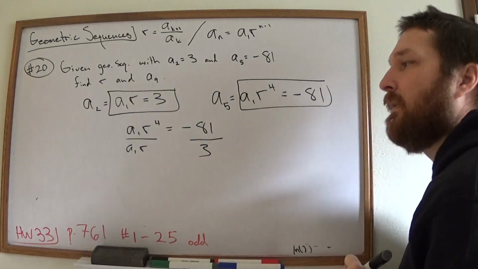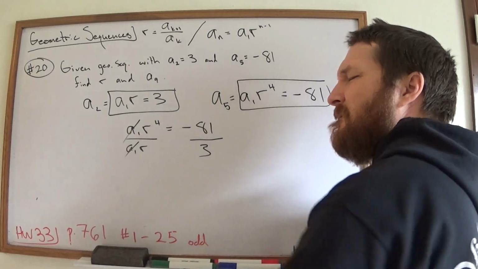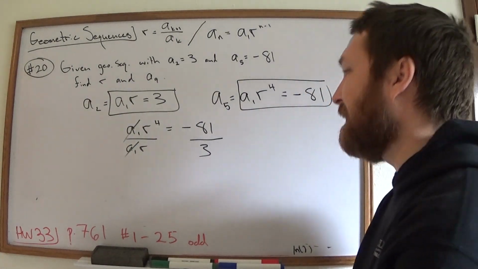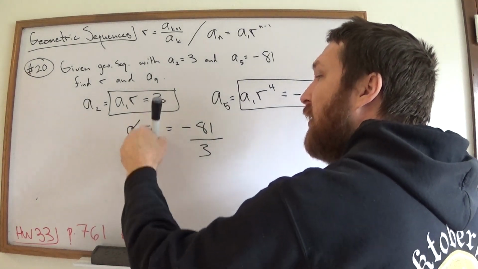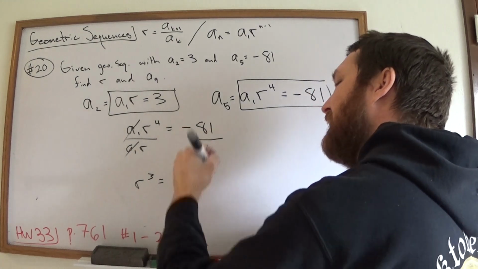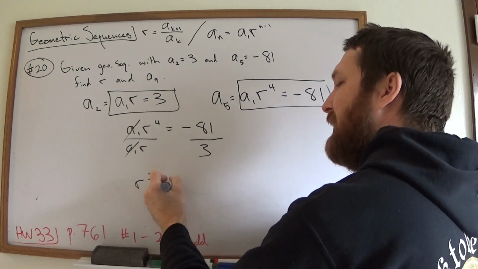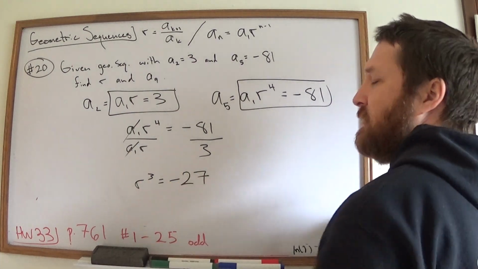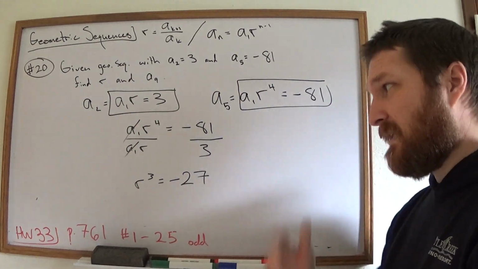The a1's cancel. Very similar to the exponential functions, huh? Interesting. We have 4 on top, 1 on the bottom. That leaves you r cubed right there. Negative divided by a positive is a negative. And now, 81 divided by 3, you can check me on this, I believe it's 27. That sounds right.